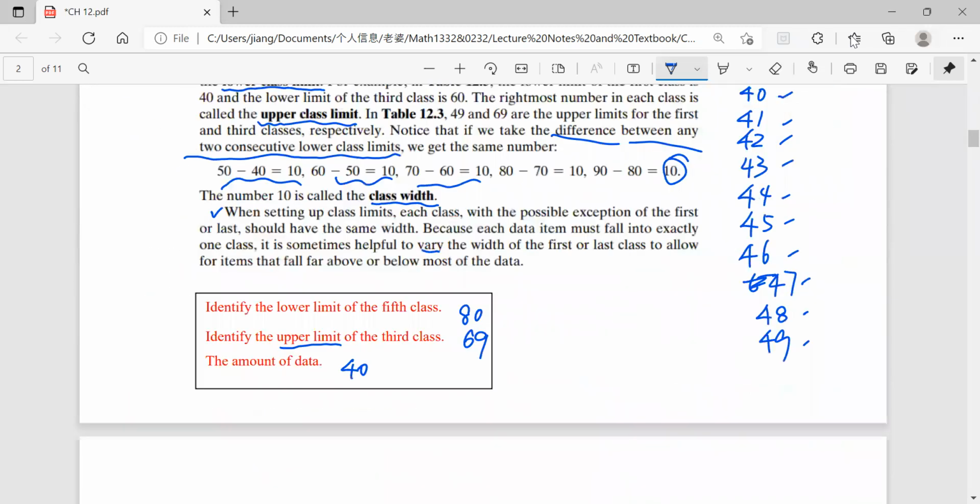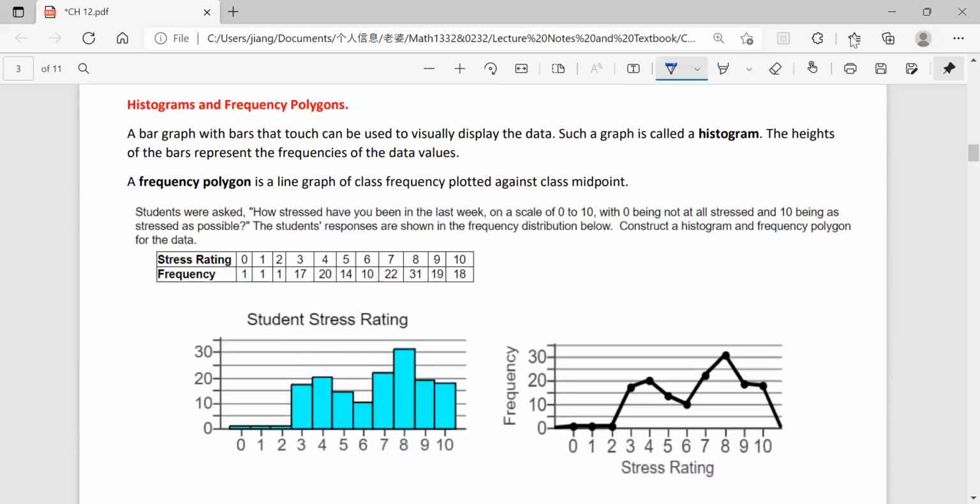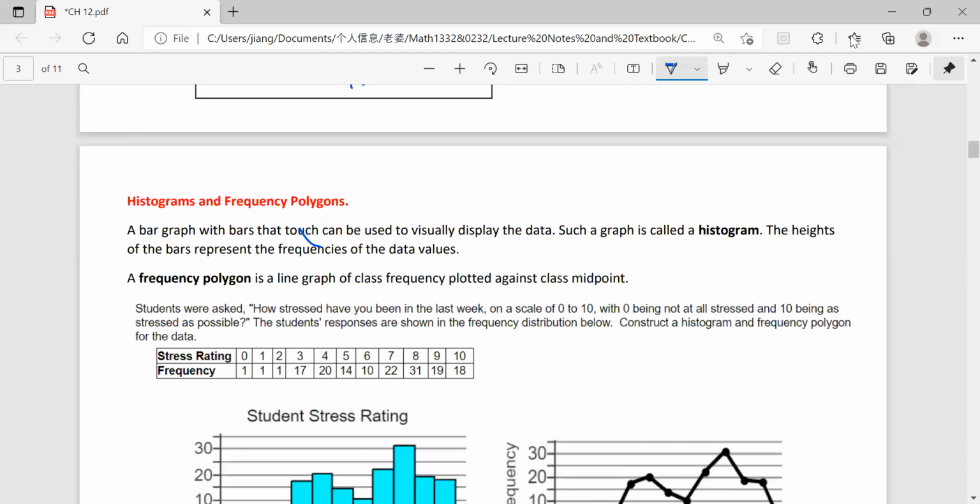Okay, let's move on. The histograms and the frequency polygons. A bar graph with bars can be used to visualize and display the data. Such a graph is called a histogram. The heights of the bars represent the frequencies of the data values.